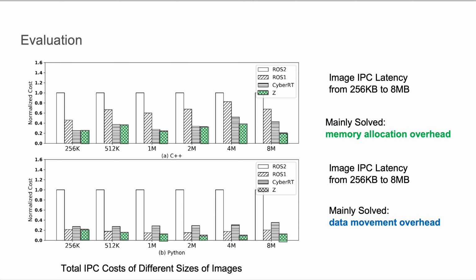The result showed that the framework can significantly outperform ROS 1, ROS 2, and CyberRT. For C++, it's mainly because the memory pool technique can reduce the allocation costs. For Python cases, comparing with ROS, the Python binding design advantage is clear.